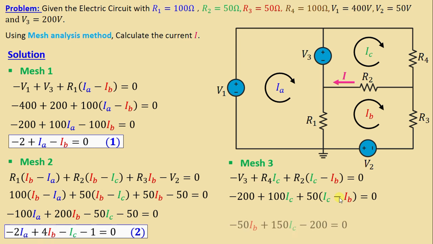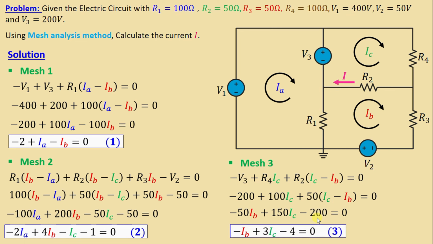If we continue simplifying this equation, we obtain finally negative 50 IB plus 150 IC minus 200 is equal to 0. Now, if we divide this equation by 50, we obtain finally negative IB plus 3 IC minus 4 is equal to 0.